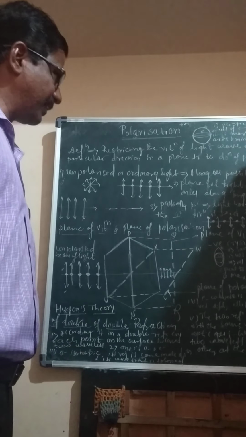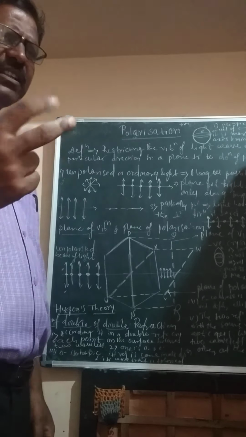double refraction. In certain crystals, the velocity of our extraordinary rays is much faster than that of ordinary rays, except along the optical axis. In some other crystals, it is slow.